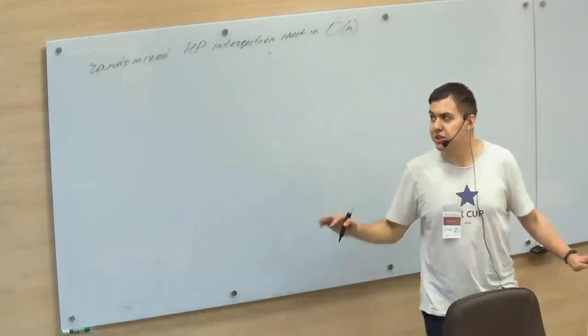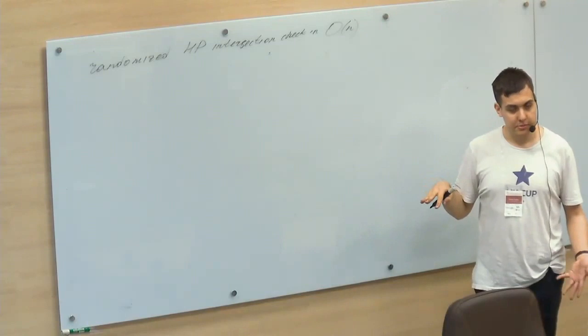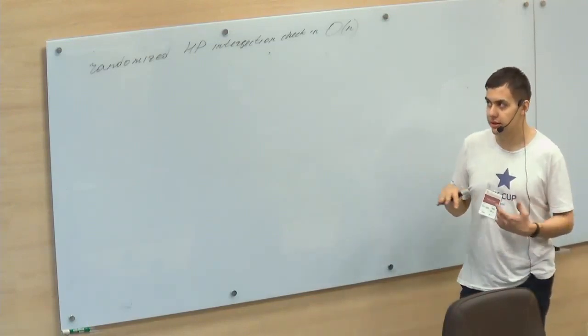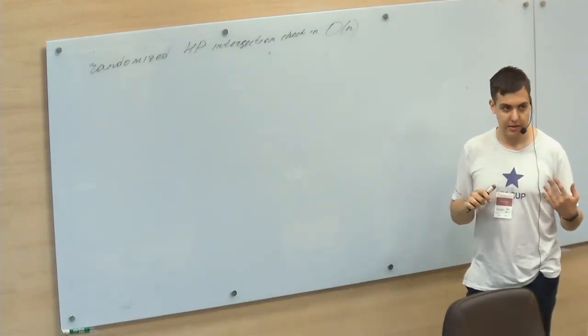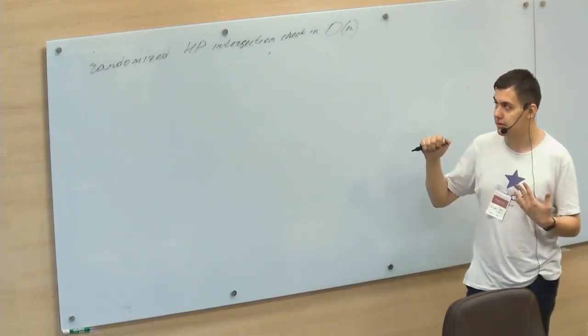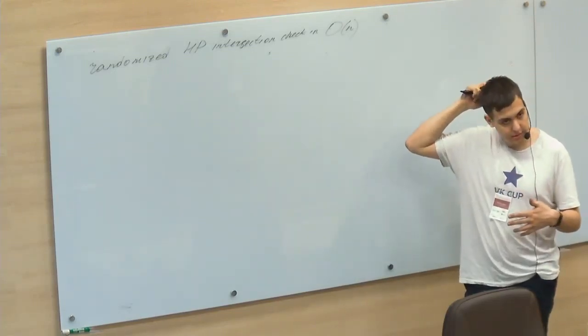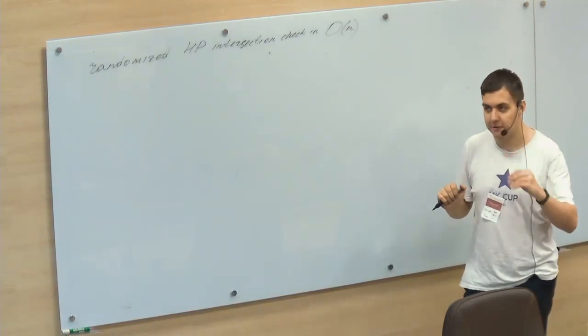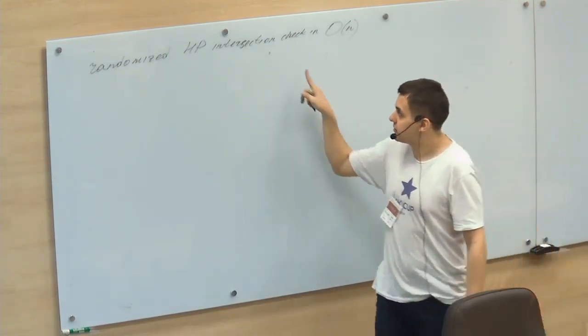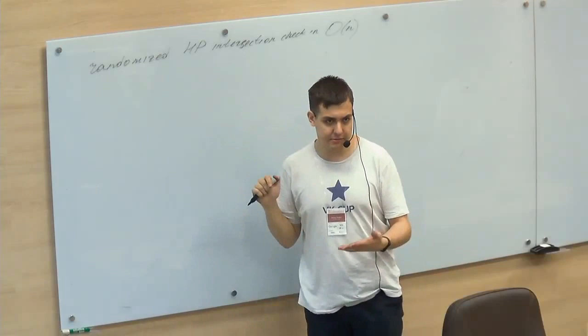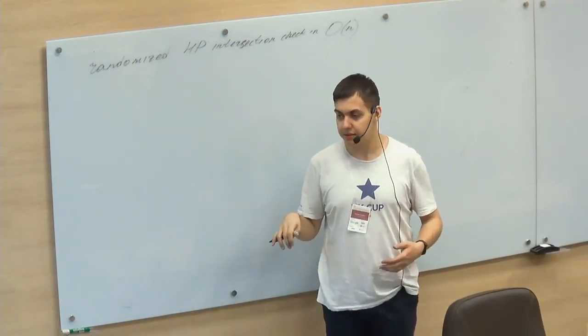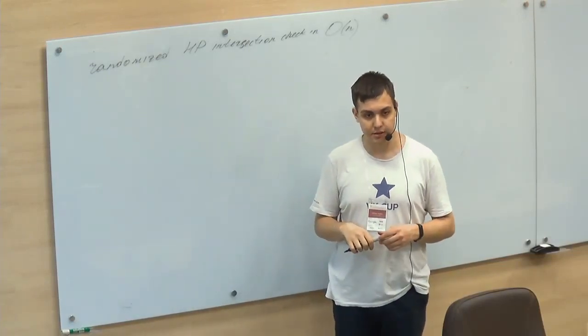This algorithm can find us any point in the half-plane intersection, and if there is none, then it will tell us that the intersection is empty.